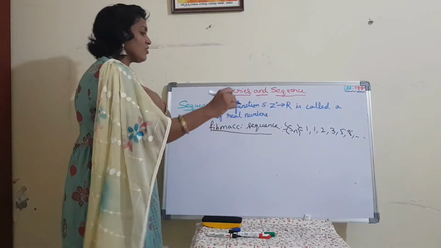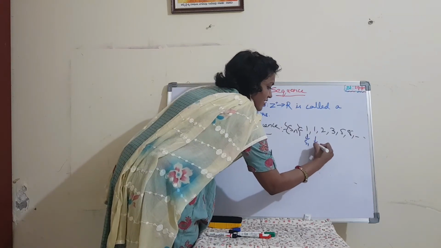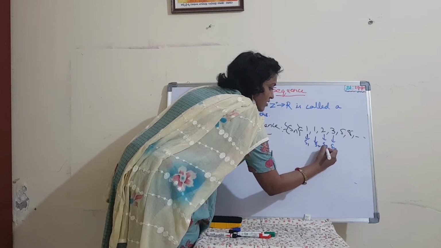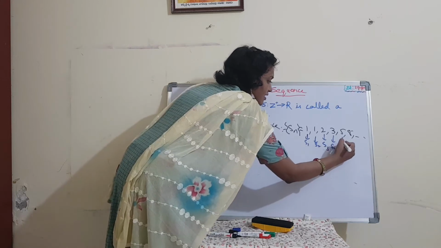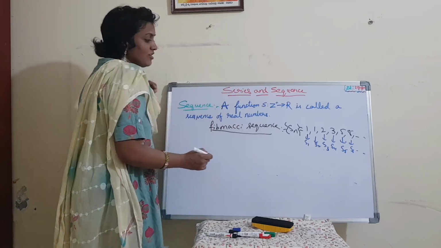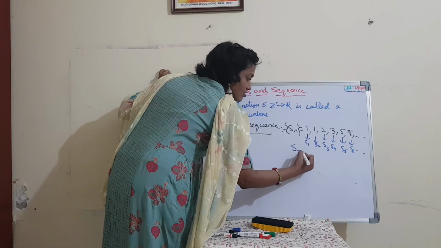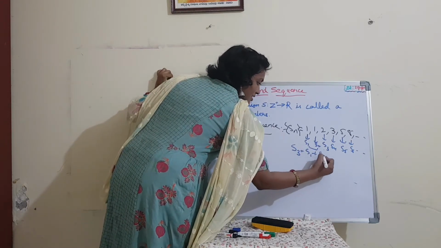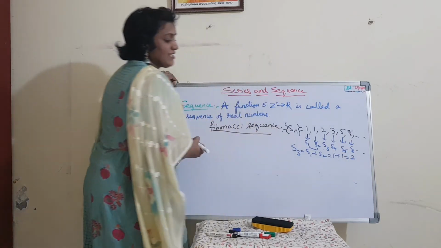Here the first one is called S1, the second one S2, S3, S4, S5, and this one S6. The first element is S1. When we get S3, S3 is equal to S1 plus S2. S1 plus S2 means 1 plus 1. What do you get? 2. 2 is nothing but S3.